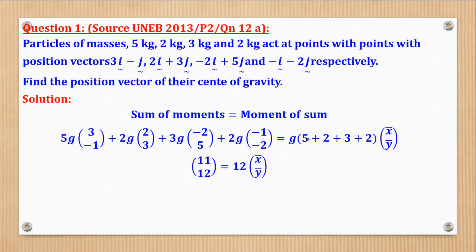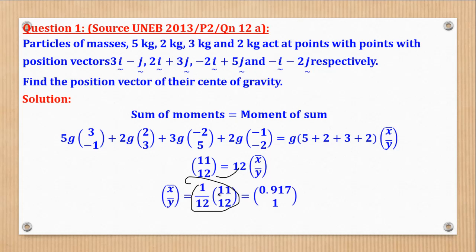Then add all these, 5 plus 2 plus 3 plus 2, to give you 12. Then take this 12 this side to come up with this. Using a calculator, you come up with this as the position vector. And that's what they wanted.